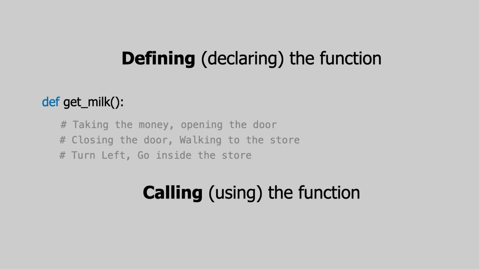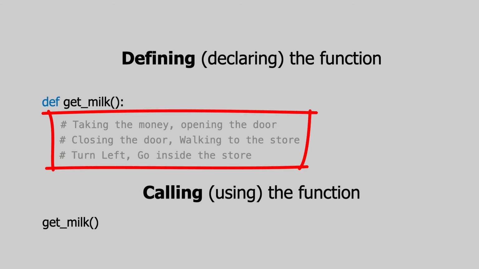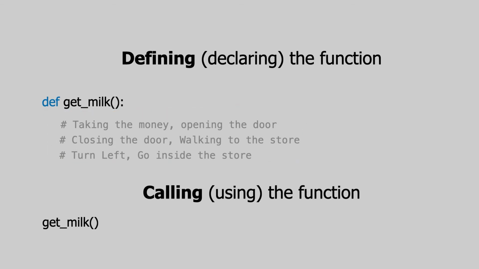So the syntax looks like this. When defining the function, you often see the keyword def, followed by the name of the function, followed by parentheses, followed by a colon. And after the colon, on the lines below, we have the instructions inside the function. This group of statements is going to be indented, and the indentation tells us what statements are inside of the function.